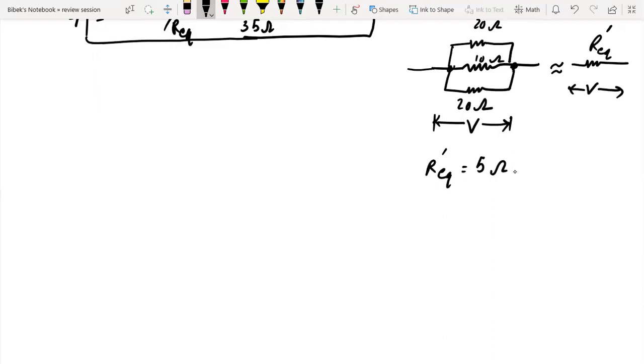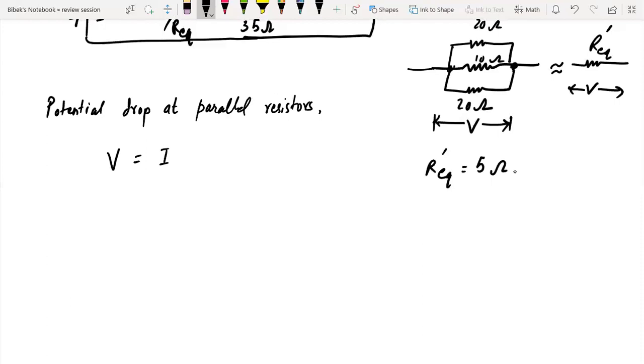So the potential drop at parallel resistors is going to be V parallel equals I times R, because remember, even though there is a division in current in here, when you make an equivalent circuit, it's like a single resistor with I amount of current flowing through it.